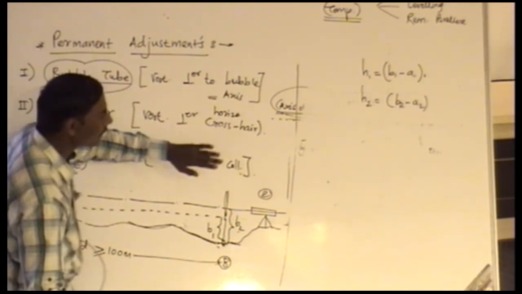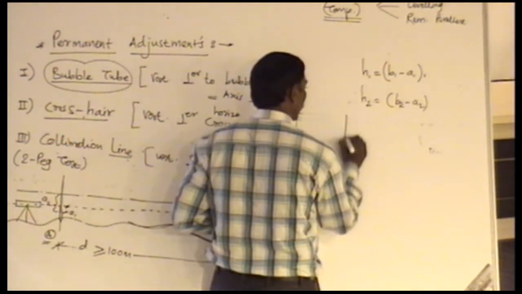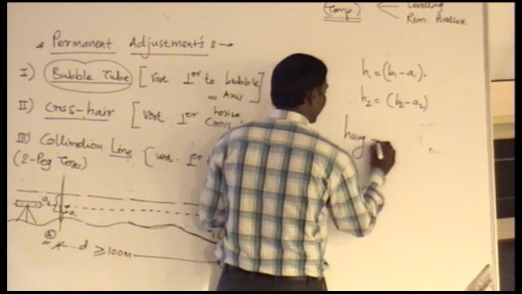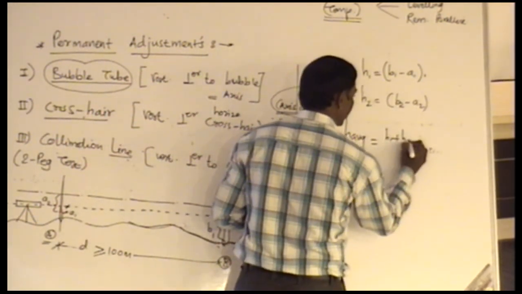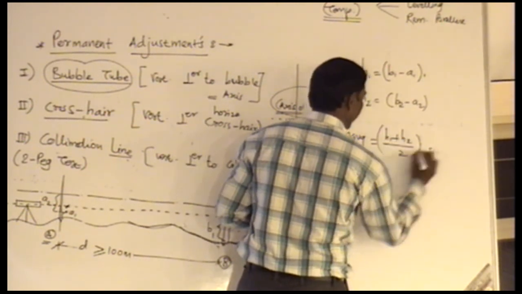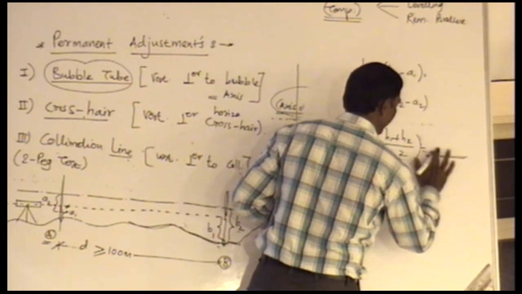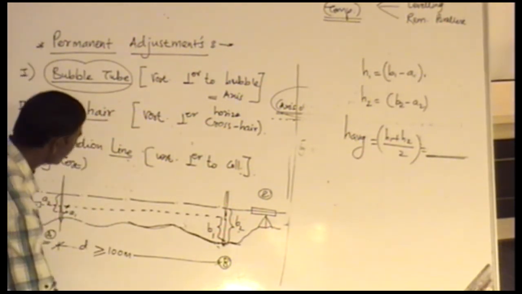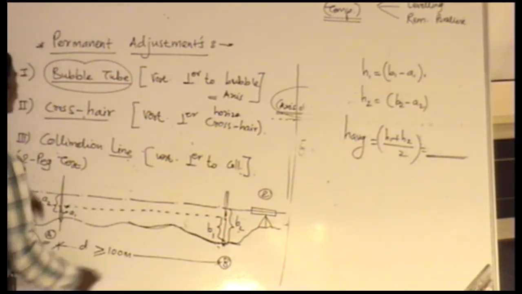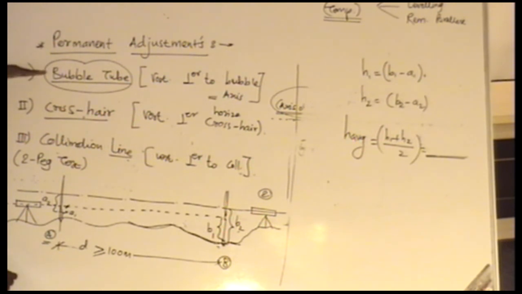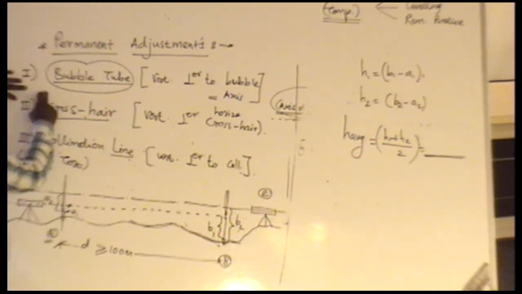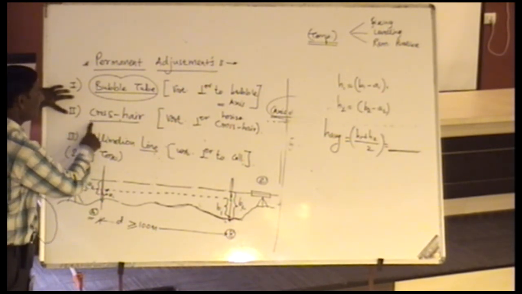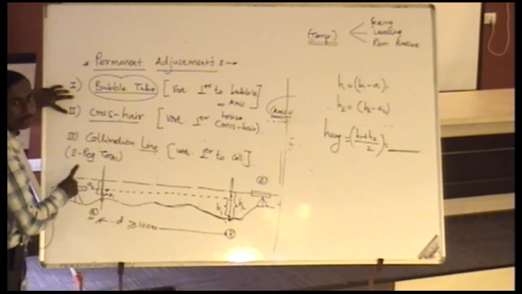But if the difference doesn't come the same, then usually what we are doing is calculating the H average as H1 plus H2 by 2, and whatever value comes, that value we are using for all the other calculation purposes, and that is why this is called the two-peg test. So today we discussed the bubble axis permanent adjustments, which are on the bubble tube. Another one was for crosshair, and another one is for collimation line.